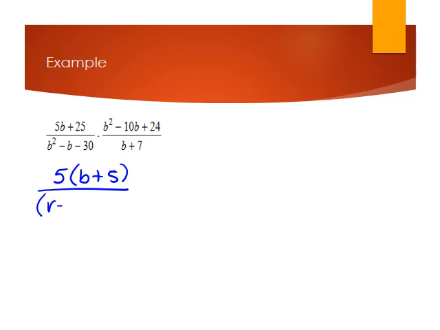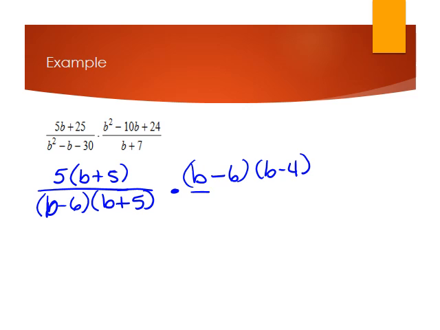So that factors to b minus 6 and b plus 5. In the second, factors of 24 that add to negative 10 are going to be negative 6 and negative 4. So b minus 6, b minus 4. And then on the bottom is just b plus 7.